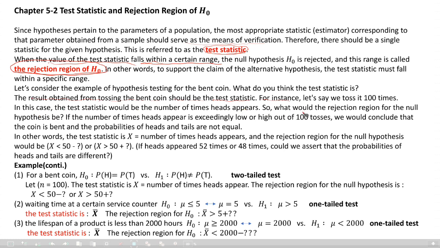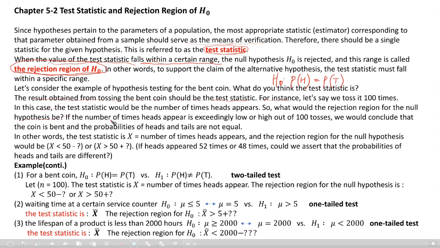So what would the rejection region for the null hypothesis be? Remember, the null hypothesis here is that the heads probability is equal to the tail probability. So what would be the rejection region for this null hypothesis?